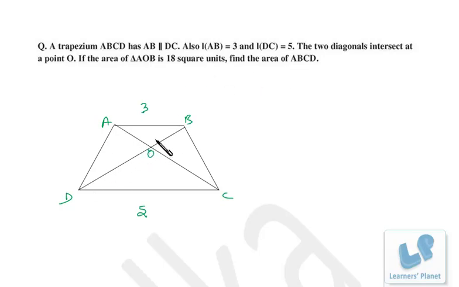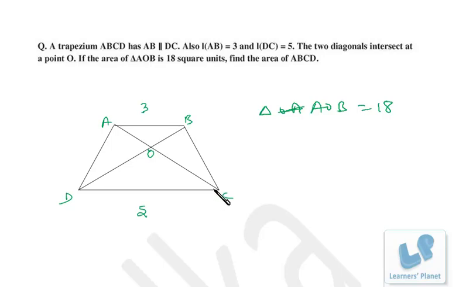We have been given the area of this small triangle AOB, that's 18. We are given the sides as 3 and 5. Now we have to find the area of the entire trapezium.